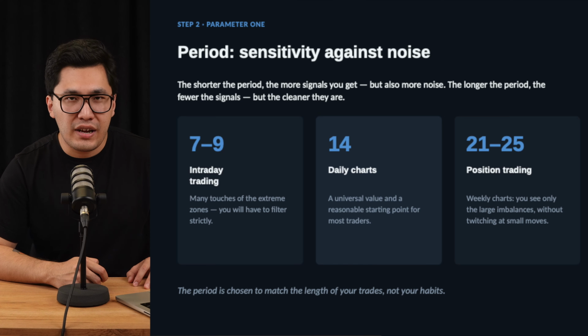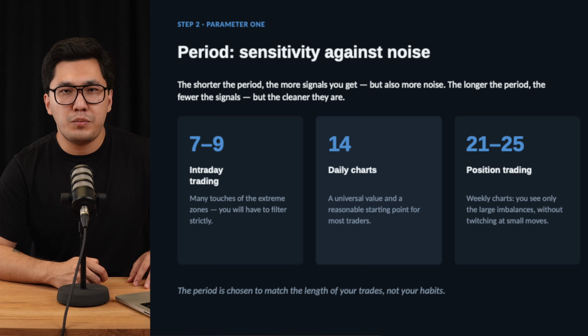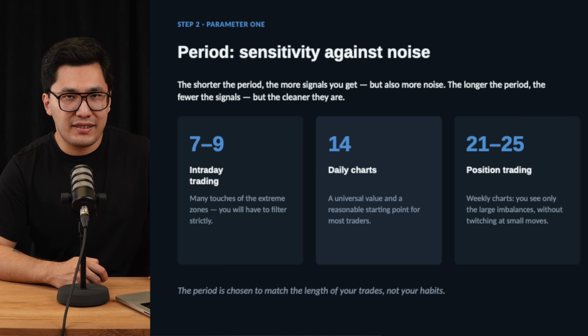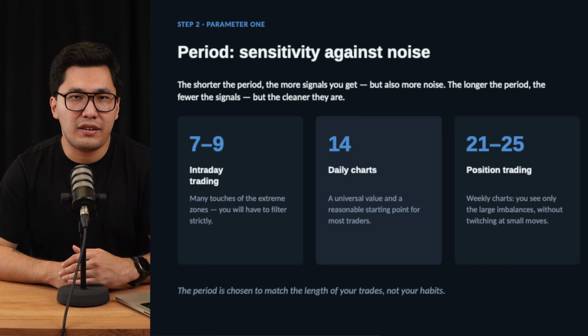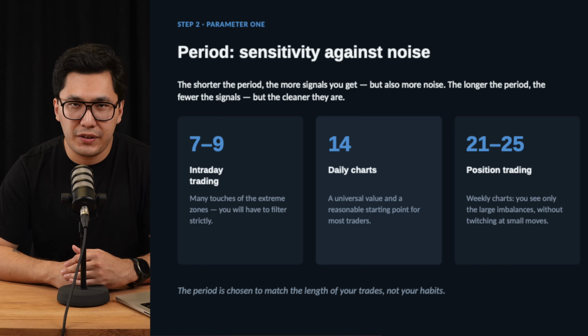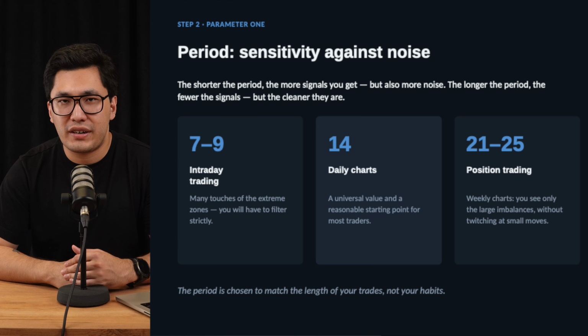First, the period. The shorter the period, the more sensitive the indicator. More signals, but also more noise. The longer the period, the fewer signals you get, but they are cleaner. Here are some general guidelines. A period of 7 to 9 is used for day trading.